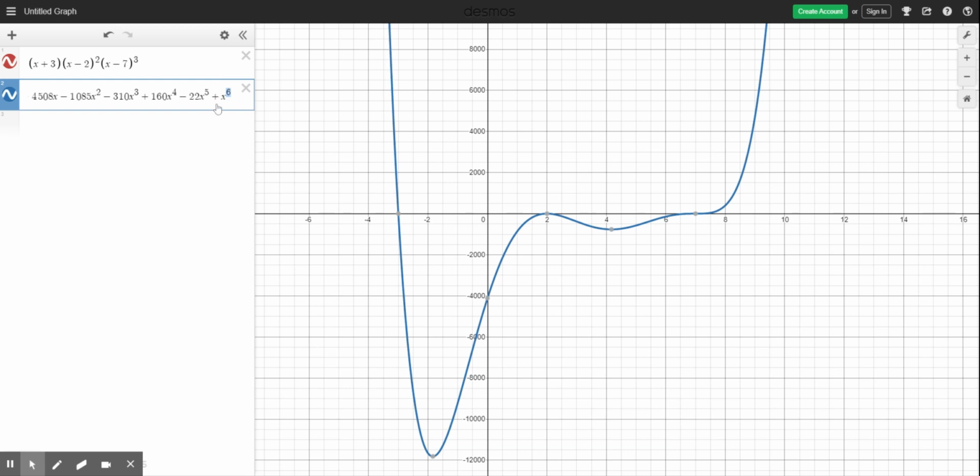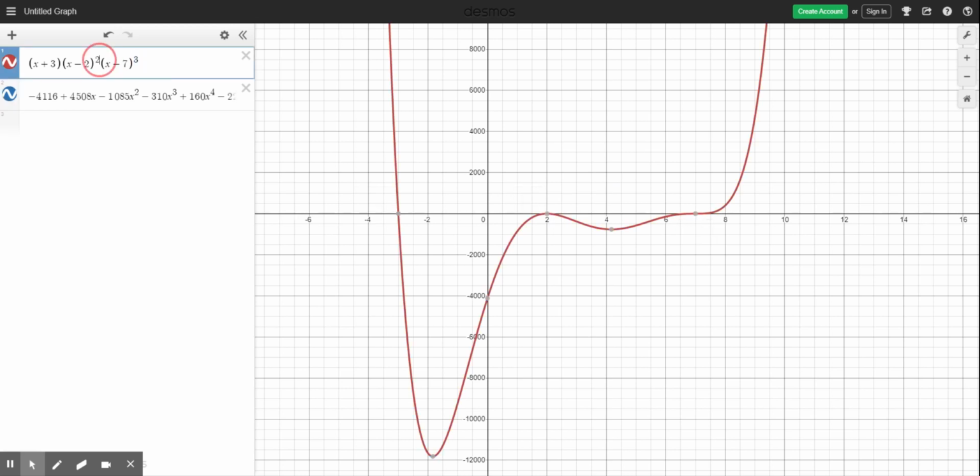So looking at the standard form and seeing x to the sixth, that automatically means that there are 6 of these roots here. But what we're only seeing are 3. That does not mean the other 3 are imaginary or complex.